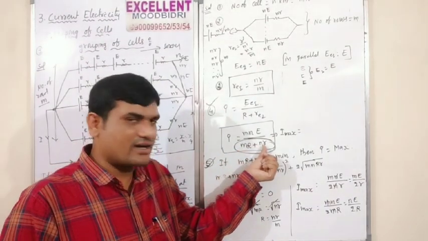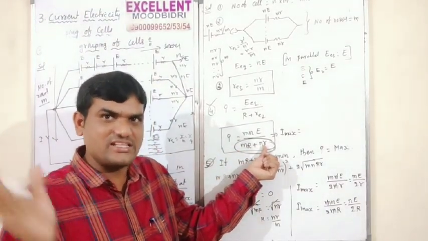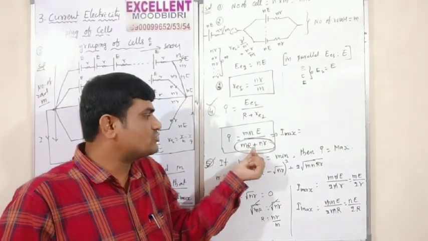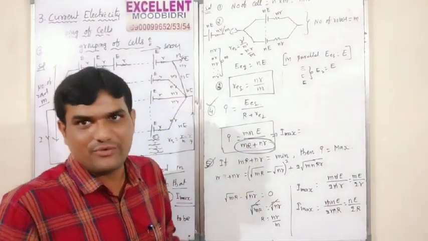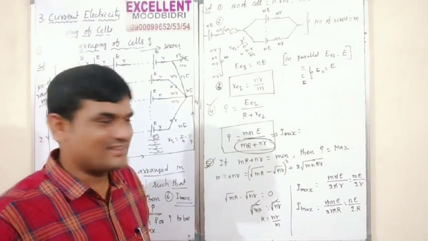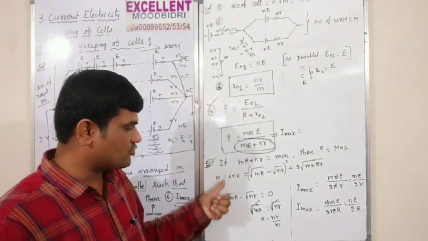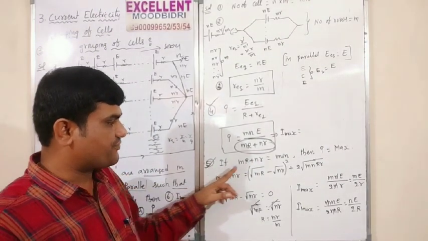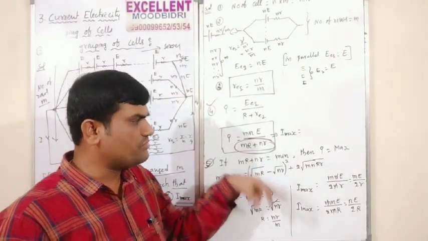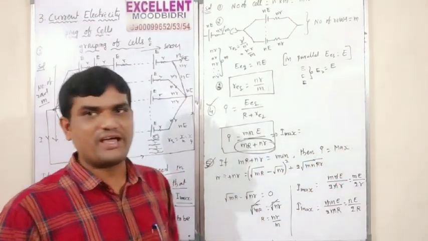Mr plus Nr: a less value is required. Less value means we want to do subtraction, Mr minus Nr. Generally, if this value decreases, a minus symbol is required. The condition is: if Mr plus Nr is minimum, then I becomes maximum.